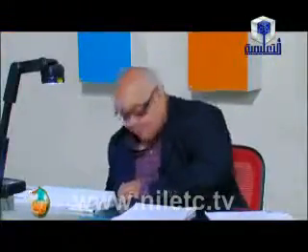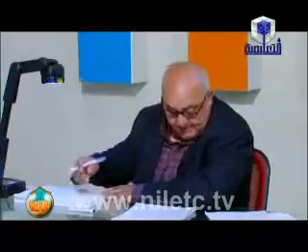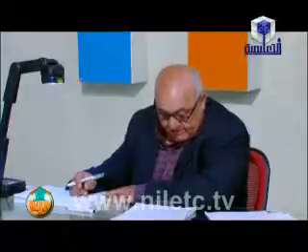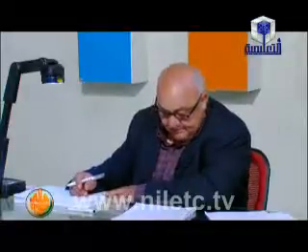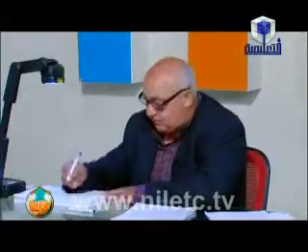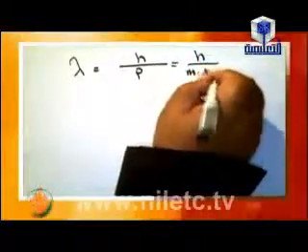Another problem: give reason for why decreasing the wavelength accompanies increasing electron momentum. We know the de Broglie nature of the electron: lambda equals h over p, where p is called momentum, and h is Planck's constant, p equals m times v.